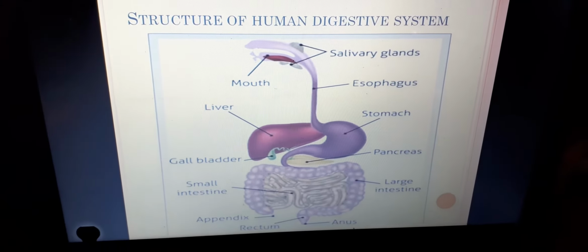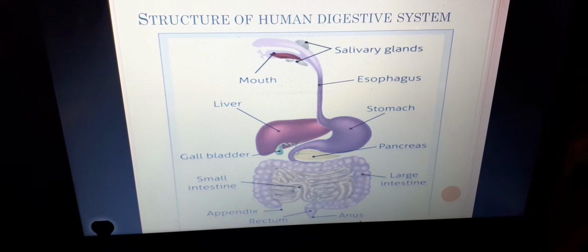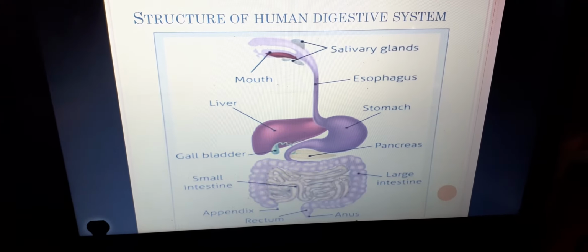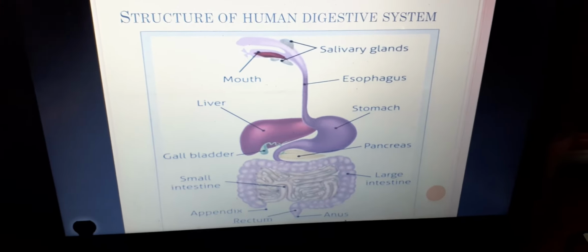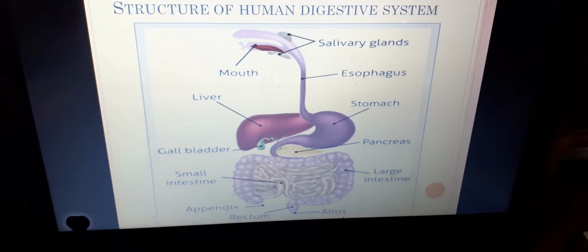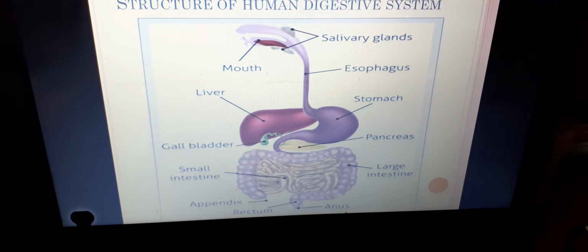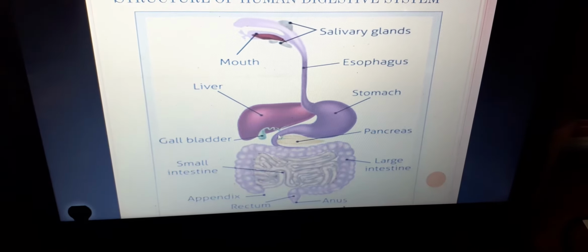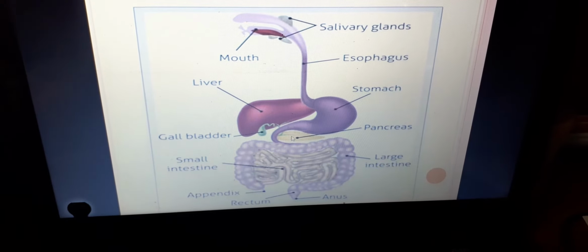Now here is a recap of the digestive system. When the food is digested, the digestion is completed in the small intestine. This is a highly coiled structure that starts after the stomach, and it gets secretions from the liver and pancreas.